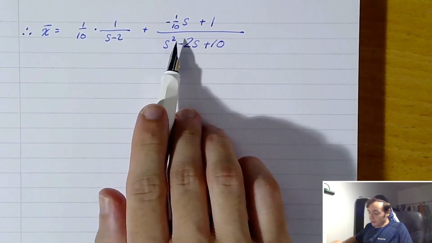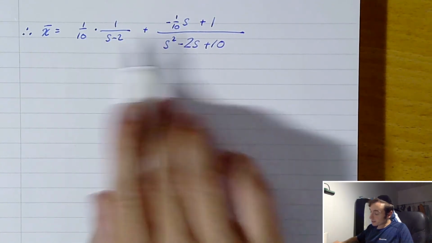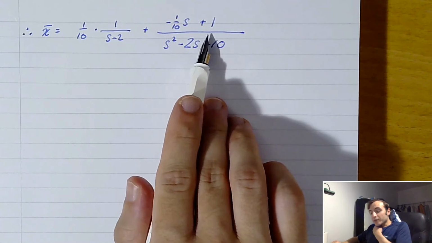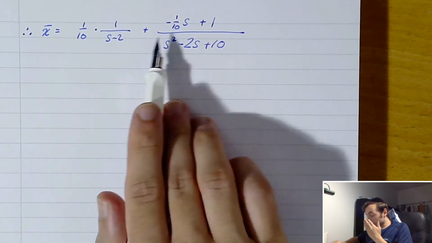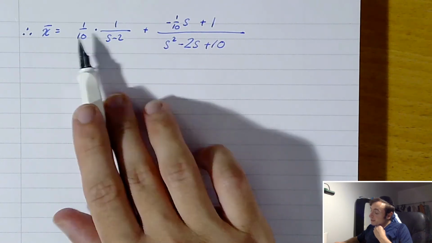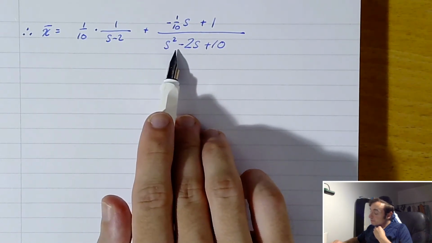Okay, now that I've found the coefficients, A was 1/10, B was minus 1/10, and C is 1, I just plug that back into our partial fractions, and this is what we end up with.